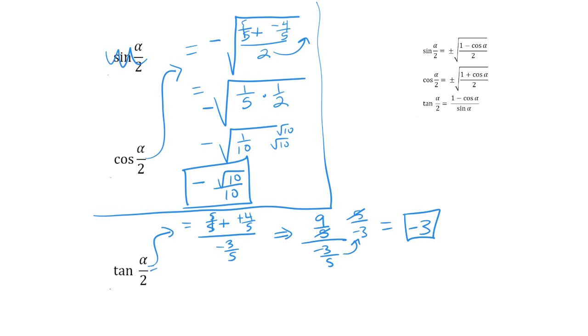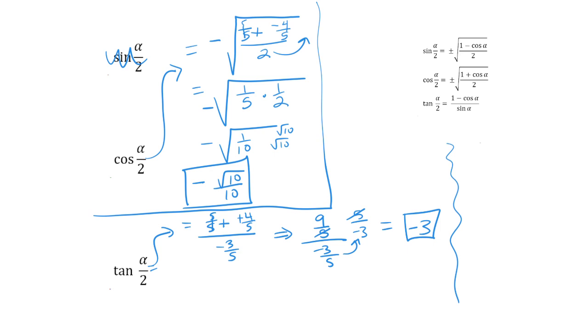Now, before I sign off here, I wanted to show you one thing, and somebody out there is wondering right now, can't you just find tangent since you now know what cosine and sine are? Because isn't tangent just sine over cosine? Well, let's see. Does that work?